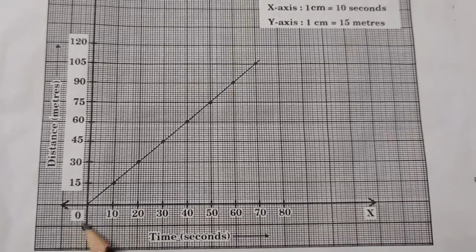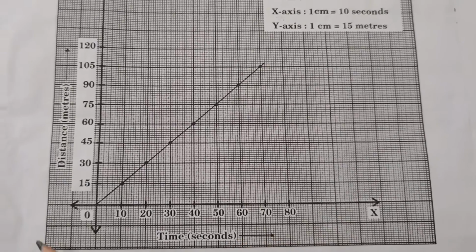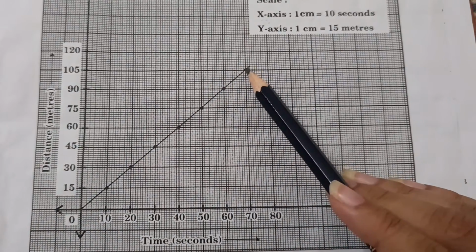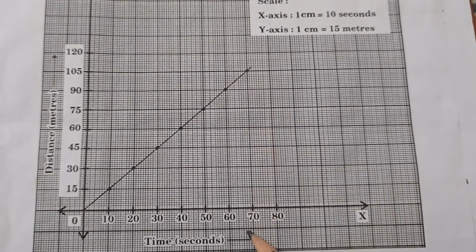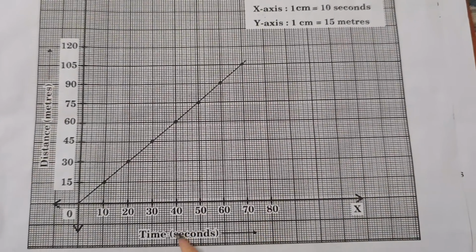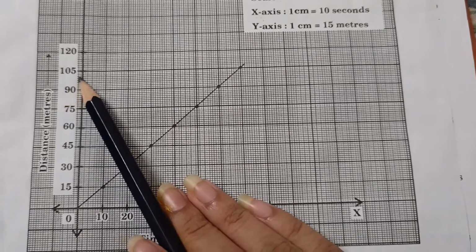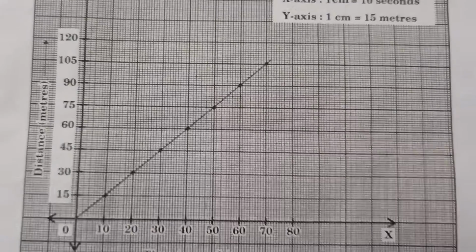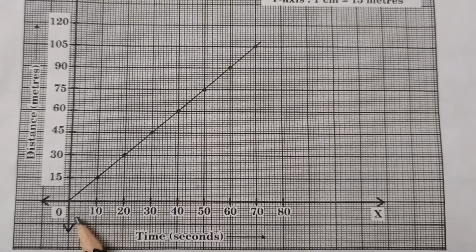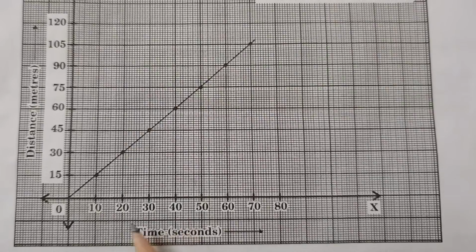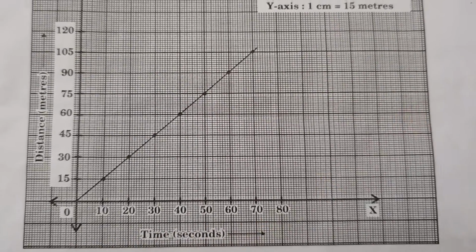The initial position of the object is 0 and after traveling to this point, the time taken is 70 and the distance is 105. On the x-axis, 70 seconds is 7 centimeters.